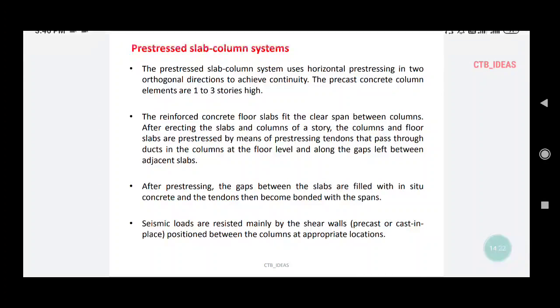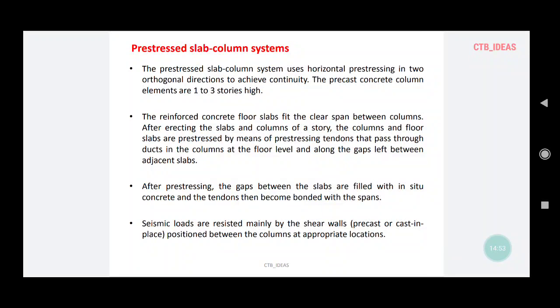Then by means of these pre-stressing tendons, which pass through the cavities in the slab and the cavities left in the column, the assembly is pre-stressed. Pre-stressing is something like stretching from both ends. As we have said earlier, pre-stressing is done in both orthogonal directions, x and y axis.